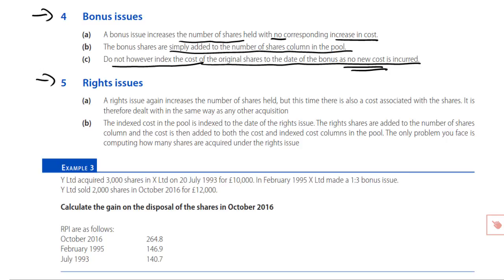With rights issues, again, you are now acquiring more shares based on your existing shareholding in the company. But this time, there is a cost. This time, the company is going to its existing shareholders as the first port of call in raising additional equity capital by saying, "Ooh, have we got a deal for you?